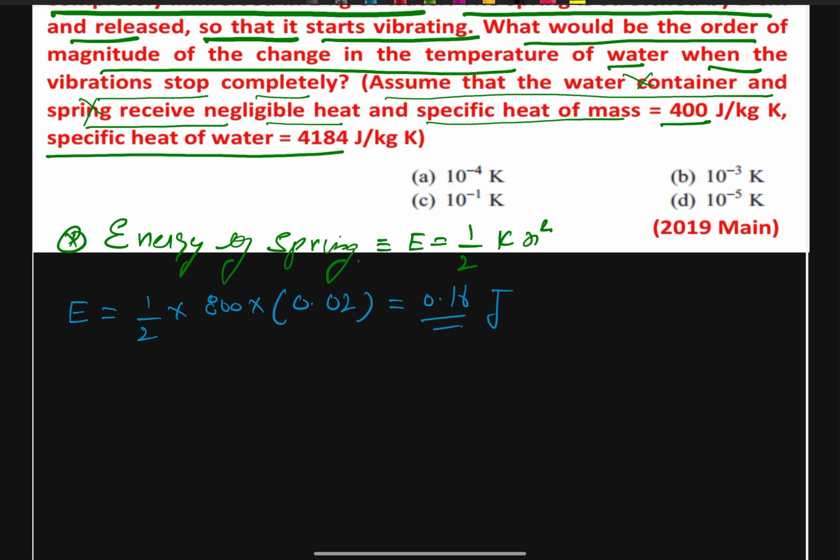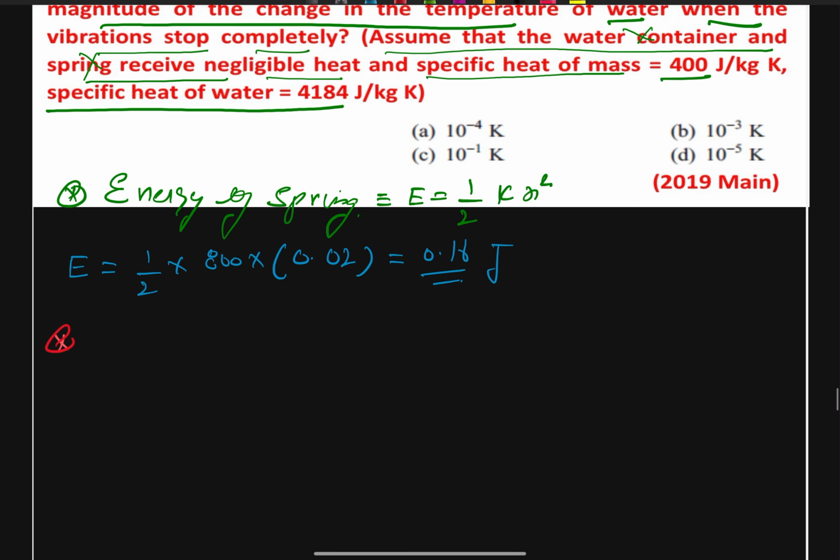And we are given that all energy is transferred to the water.